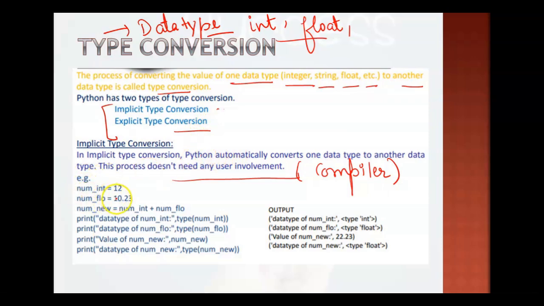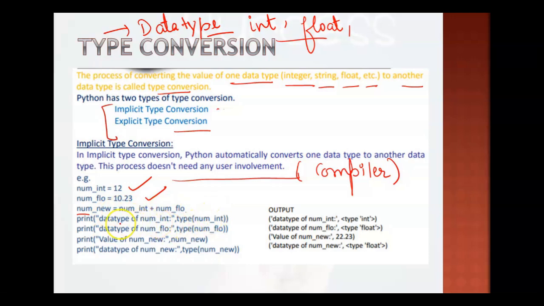Please check it. We have here one integer value. num_int is the name of the variable I have taken, just to make it clear. It's an integer value, and the value is 12. Then another one, num_float, is for a float value. You can see a decimal part is given. Then we add these two values and store the result in a new variable, num_new.